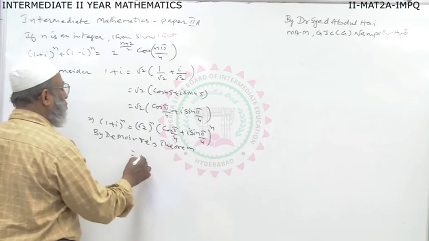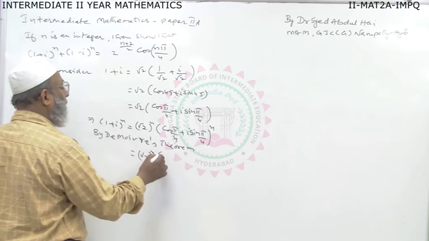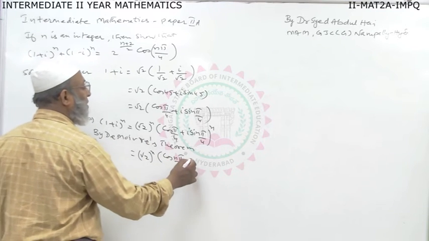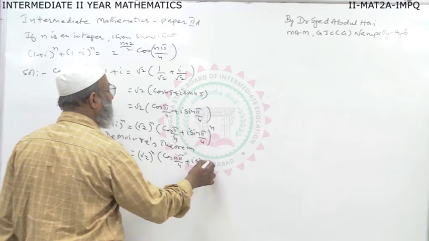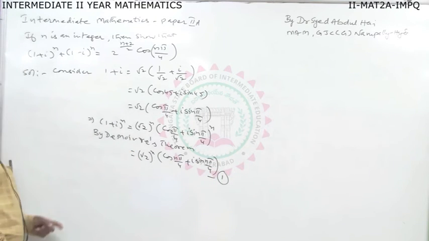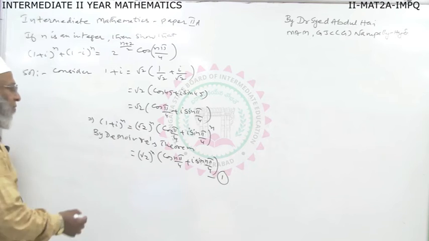This is nothing but root 2 power of n into cos n pi by 4 plus i sin n pi by 4. This is my equation 1. So I got the value of (1 plus i) whole power of n.